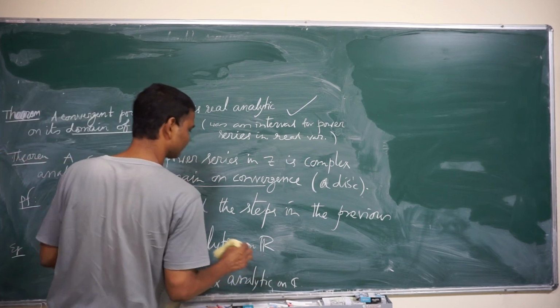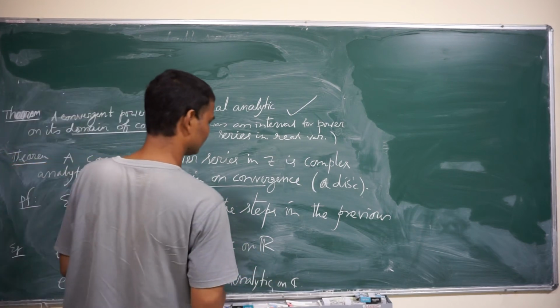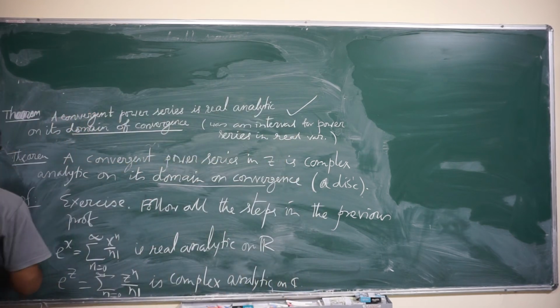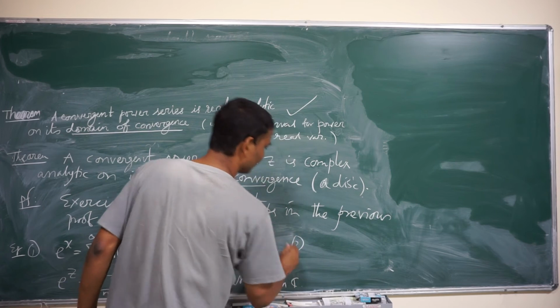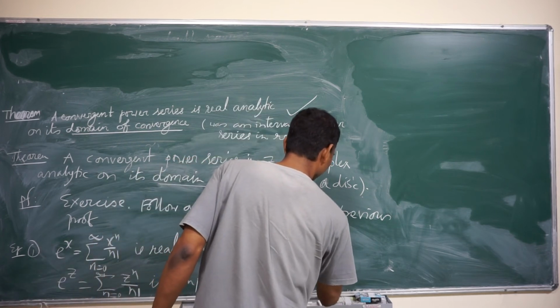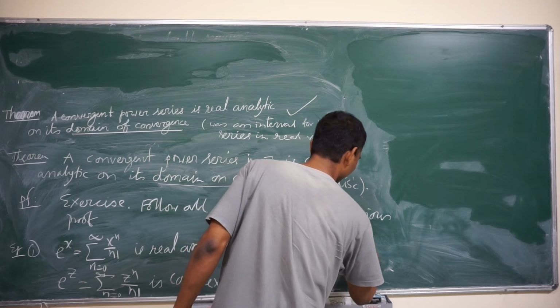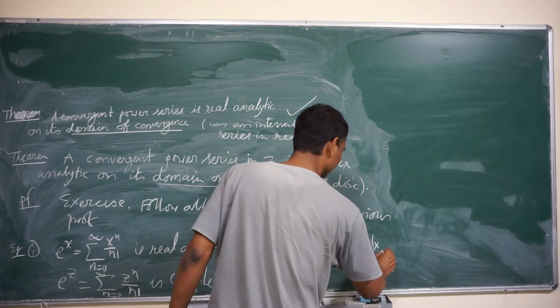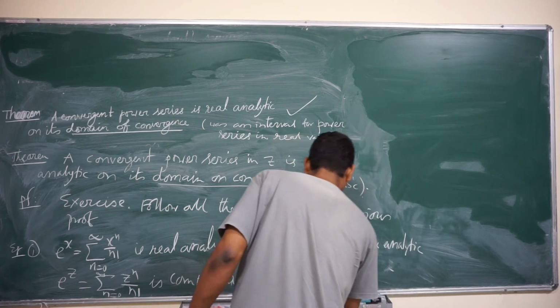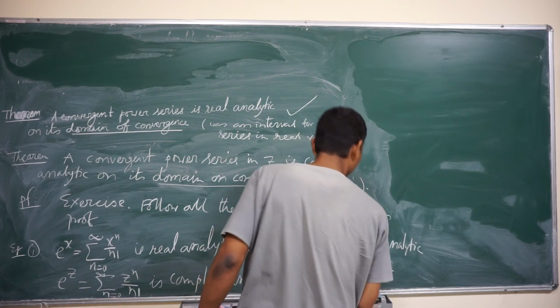Example 2: summation z to the power n from 0 to infinity is complex analytic on the unit disk.